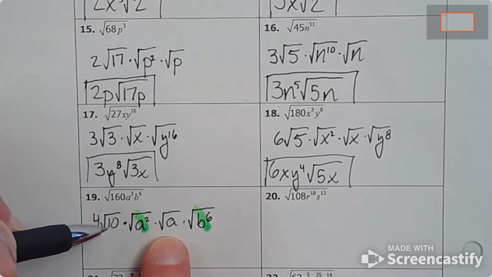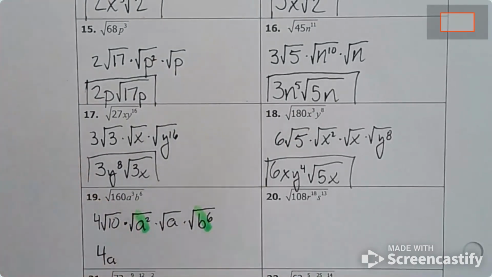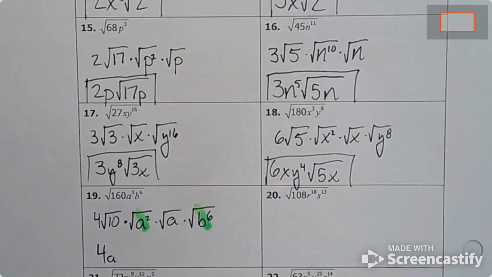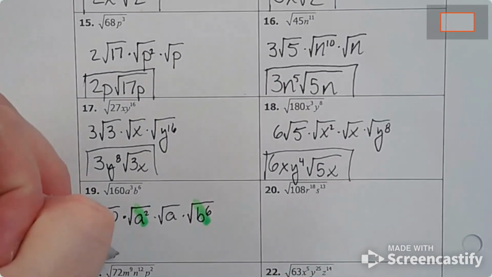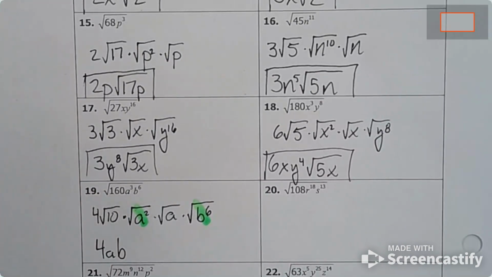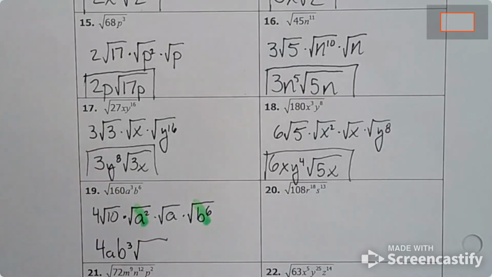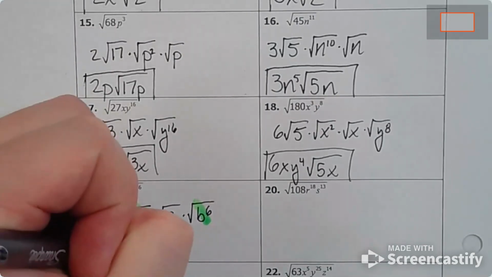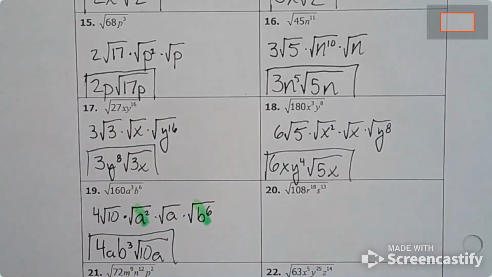I need to keep the square root of 10 and the square root of a under the square roots because those are not square rootable. So we get 4a, and then b to the third, and then times the square root of what? Yeah, that's it. 4a b to the third times the square root of 10a. Good.